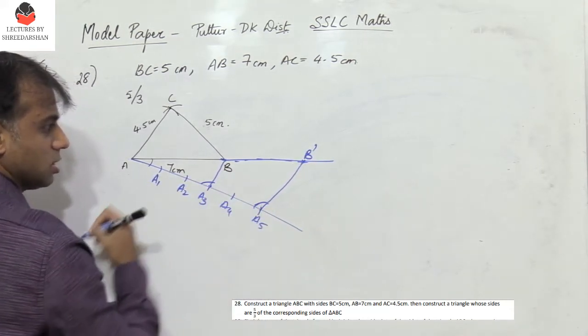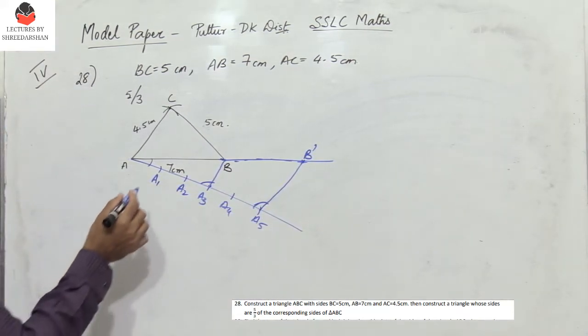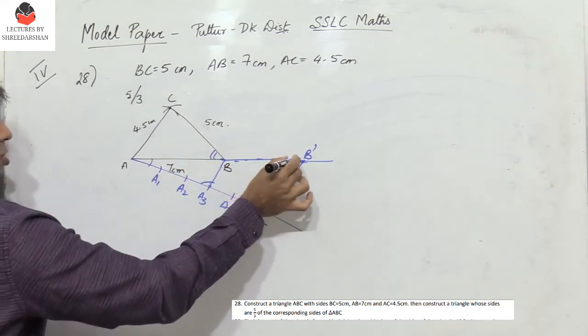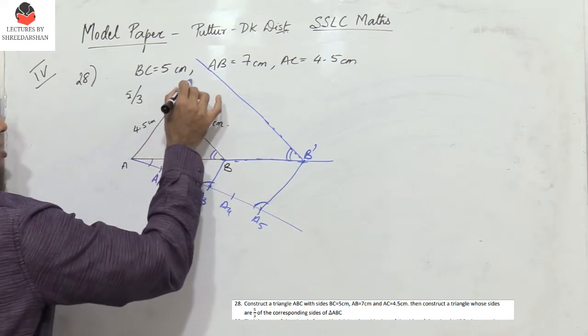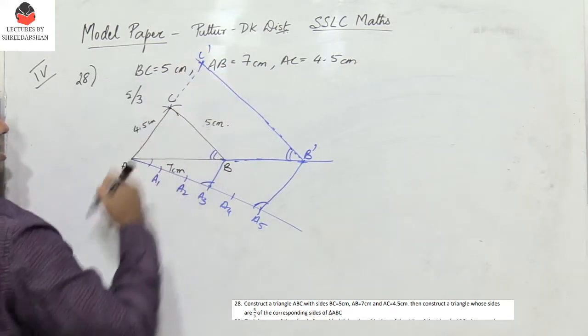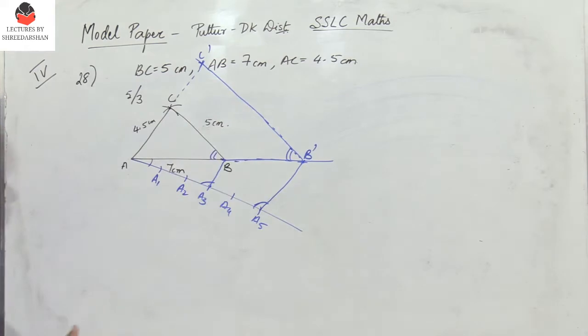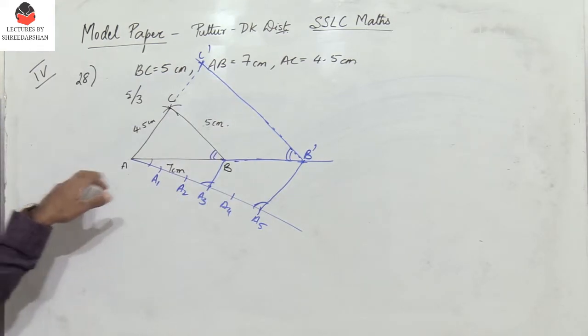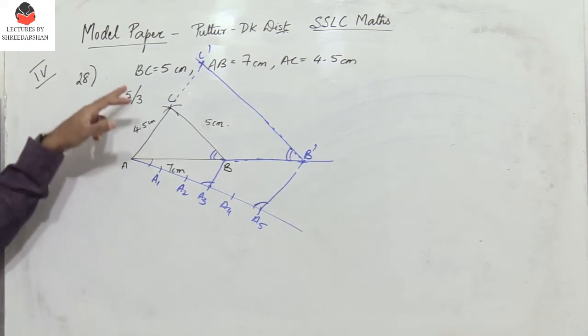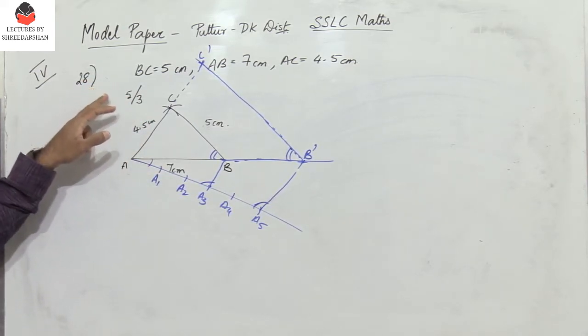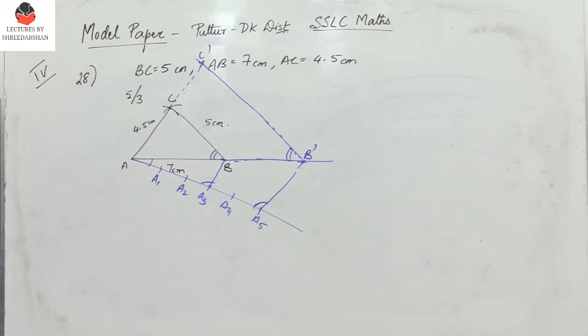So these two angles are one and the same. With the same angle, draw a line in such a way that when you extend C, it cuts the line at C dash, right? So therefore, you have the triangle A, B dash, C dash. So A, B dash, C dash and ABC are in the ratio 5:3.